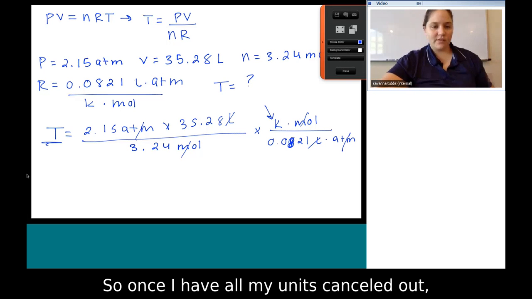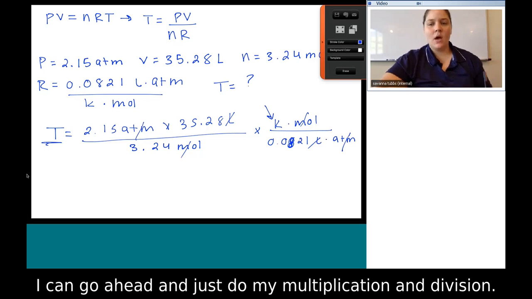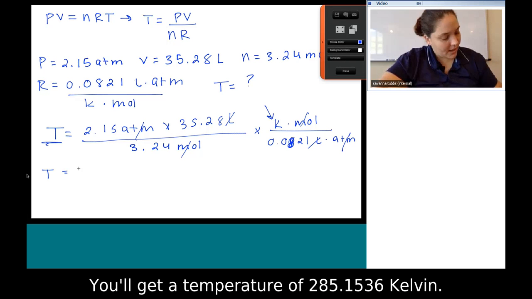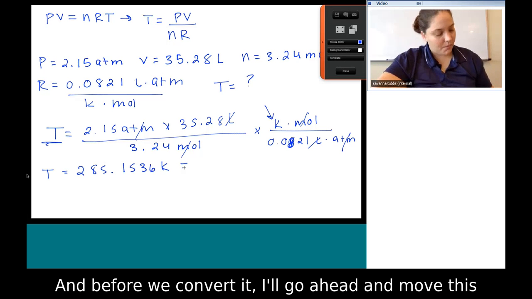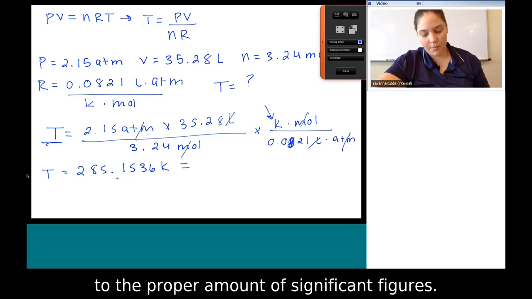So once I have all my units canceled out, I can go ahead and just do my multiplication and division. You'll get a temperature of 285.1536 Kelvin. And before we convert it, I'll go ahead and move this to the proper amount of significant figures.